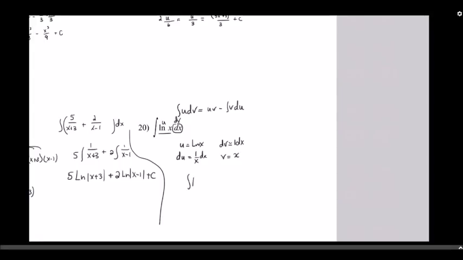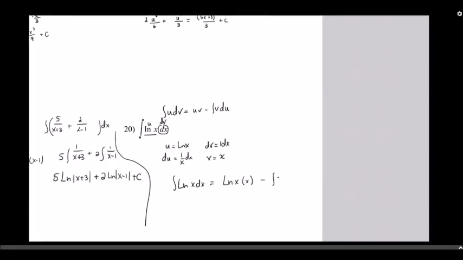So the antiderivative of natural log of x equals u times v minus the integral of v times du, and then here x times 1 over x is just 1.